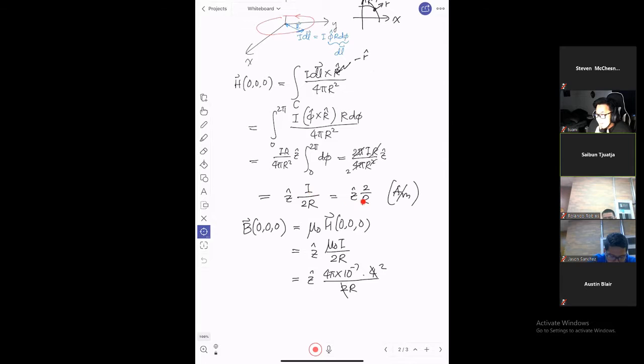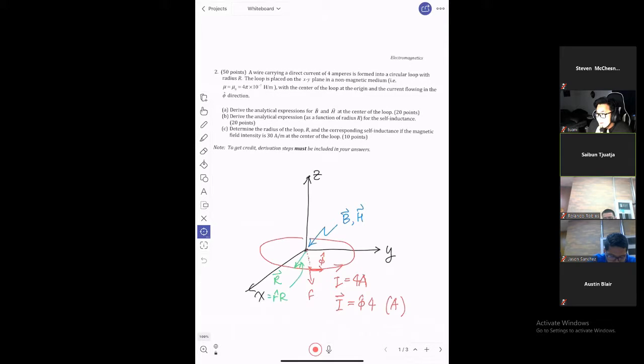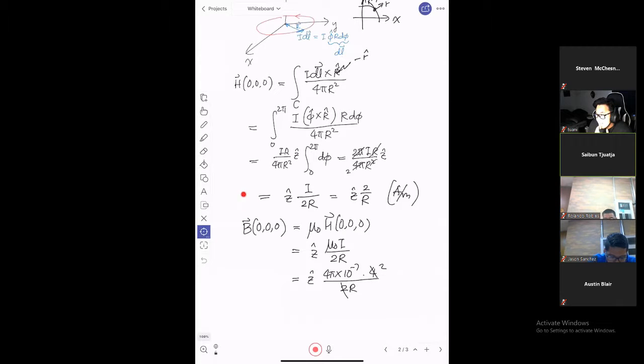We know the current, so what is this? 30 amps per meter, right? So this is equal to 30 amps per meter. So what is R? It's Z hat, 30 times 30, right? So what is 2 divided by R? R is 1 over 15, right? Any questions?